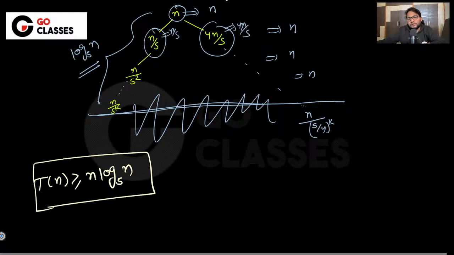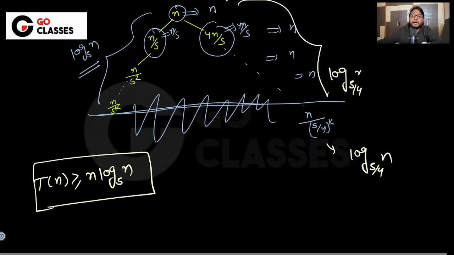Similarly, for the other branch you are dividing by 5 by 4 every time, so the number of levels here is log base 5 by 4 of n. So T(n) is less than or equal to the number of levels times the work at every level, n log base 5 by 4 of n.